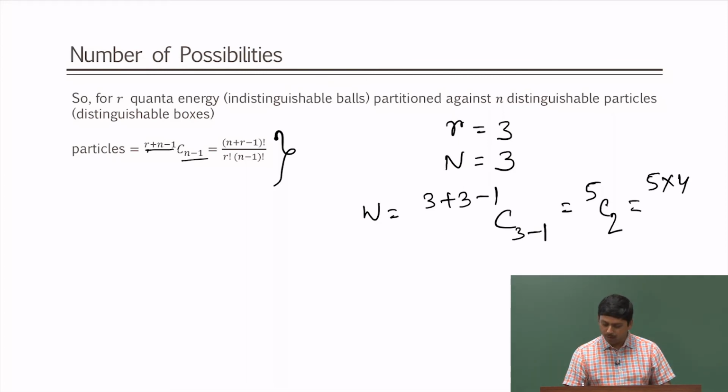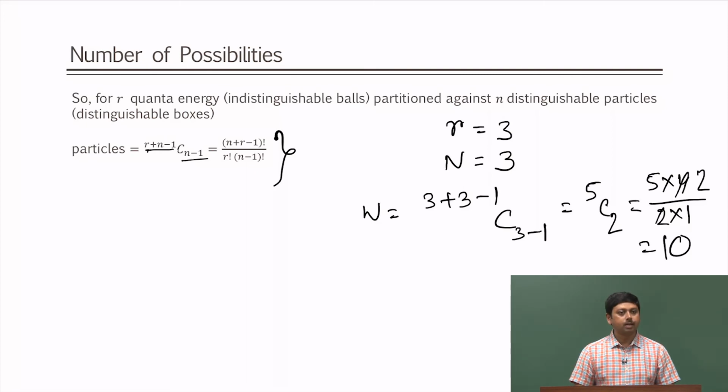And what is 5C2? 5 into 4 by 2 into 1 is giving me 10, and 10 was the total number of possibilities obtained when 3 units of energy were distributed among 3 particles. Remember that, right?